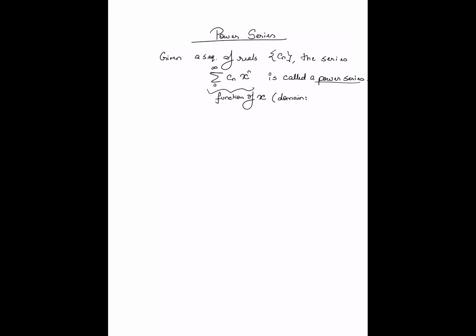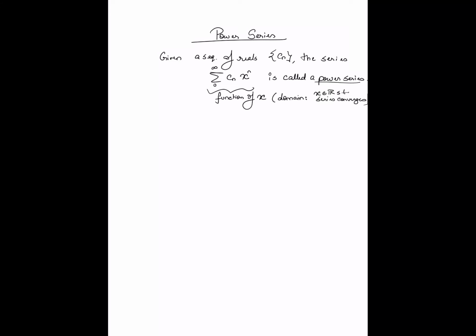So this function will have its domain. The domain of this is going to be the set of x such that the series converges. So this defines a function. That function is exactly what we call the power series. The domain of the function, I hope is clear, is basically the set of all those real valued x such that for that particular x, the series summation Cn x raised to n converges.